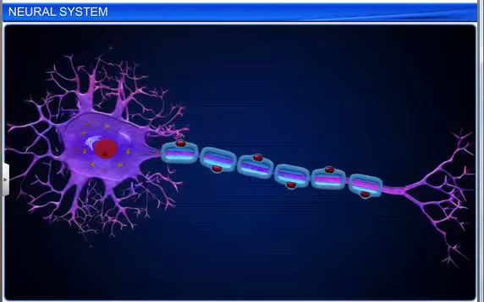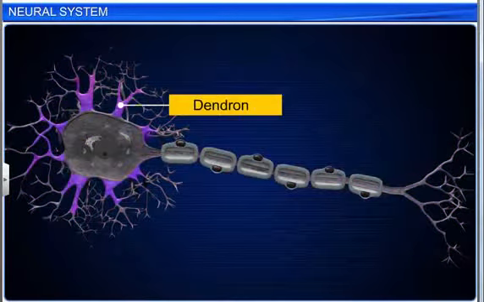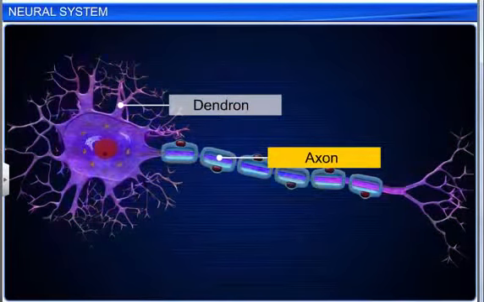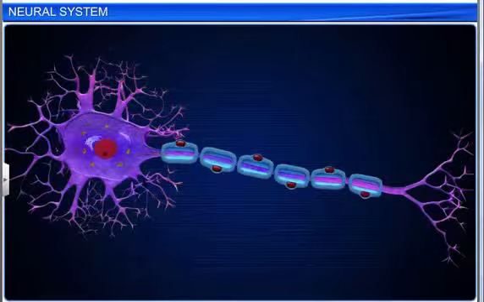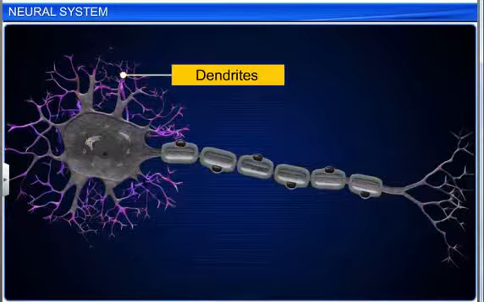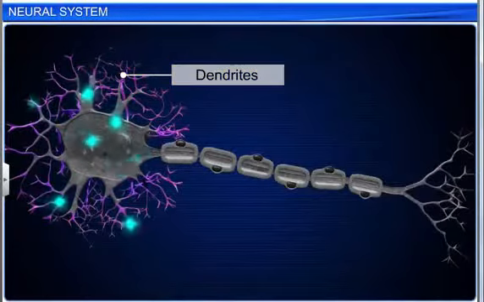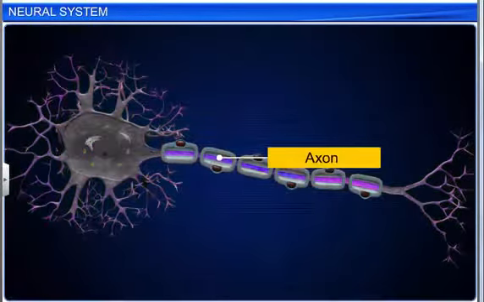Nerve processes are of two types, dendrons and axons. Dendrons can be one or more in number. Their fine branches are called dendrites. They transmit impulses towards the cell body. An axon is always single.